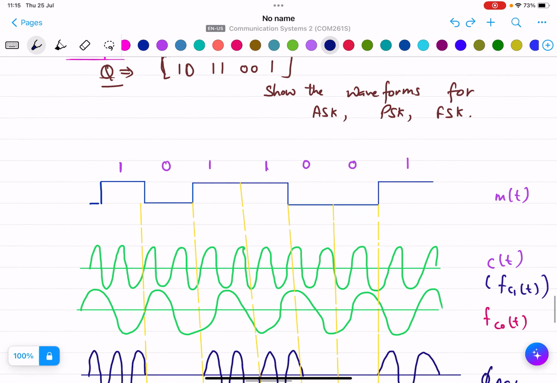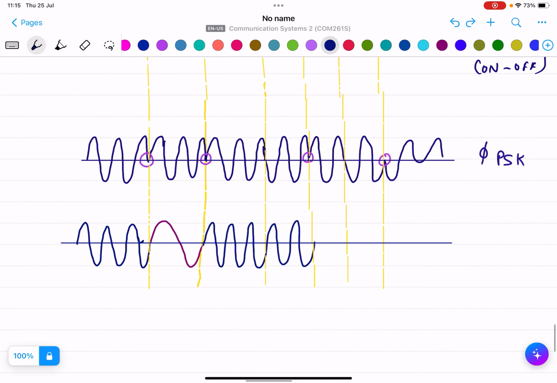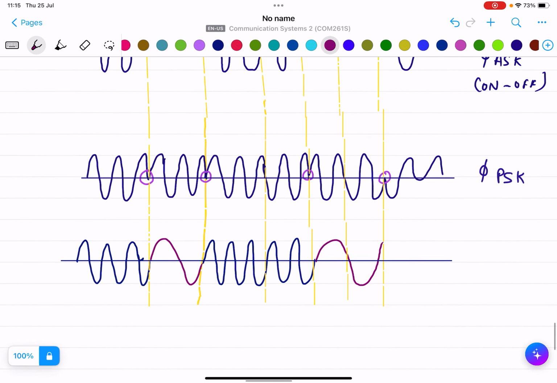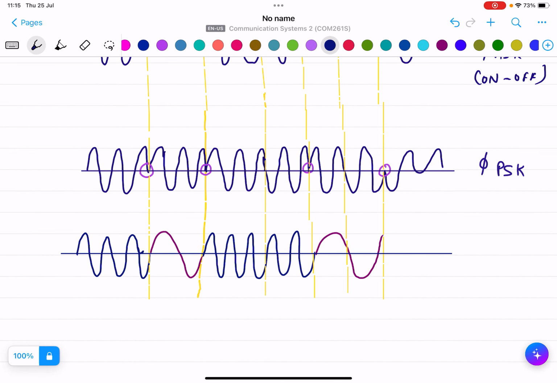Now after 1 and 1 there is 0 and 0, that means again it's a low frequency. Let us show with a different pen. It is low frequency, and then again it is a 1, then it is high frequency. So this is the final waveform for FSK. When it is 0, then it is a low frequency.